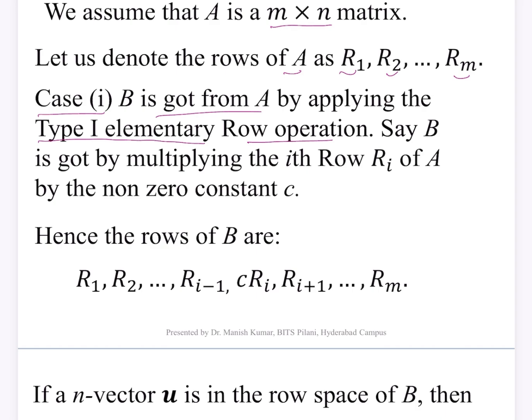So say B is obtained by multiplying the ith row by a non-zero constant c. So the row vectors of B will look like R1 as it is, no change, up to R(i minus 1), no change.